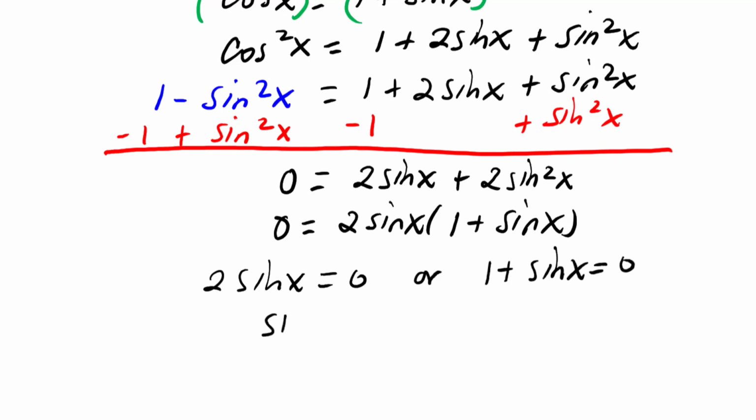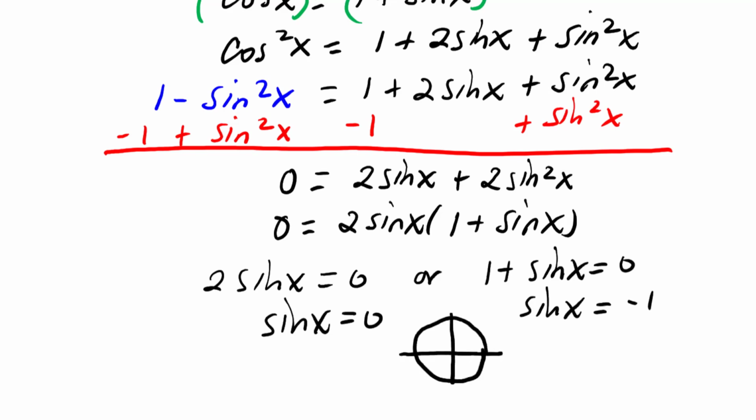In the first, we'll divide by 2, so sine of x equals 0. In the second equation, we'll subtract 1. Sine x equals negative 1. So sine of x equals 0 on the x-axis, and sine x equals negative 1 at 270 degrees. But we're working in radians right now, so that means 0, pi, and 3 pi over 2.